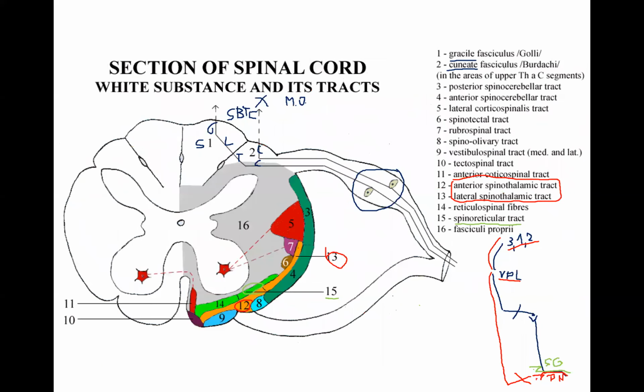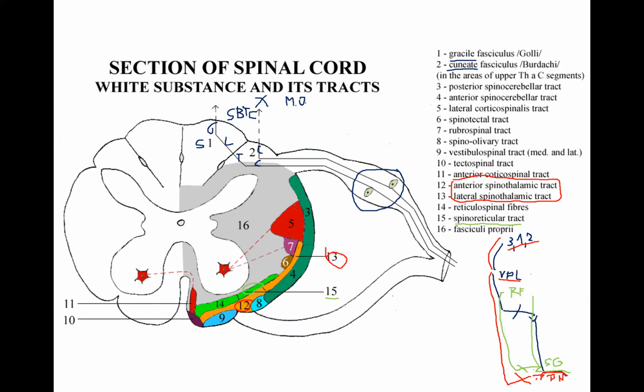So it's synapsed, and it's either crossed and descends up to the reticular formation, or it ascends ipsilaterally. So there are fibers which are crossed and fibers which are not crossed.